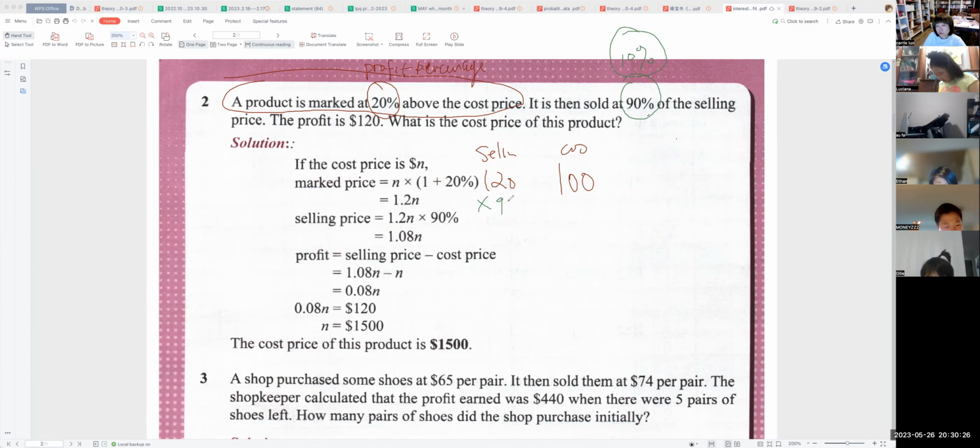So 打9折。So 120乘以0.9等于多少？108块钱。也就是说120没卖掉，卖了108块钱。What is the cost price of this product？好，那我们来看看，应该如果这个 cost 是100块钱的话，我这样操作完以后，是不是只赚了8块钱？But they tell me the profit is 120.